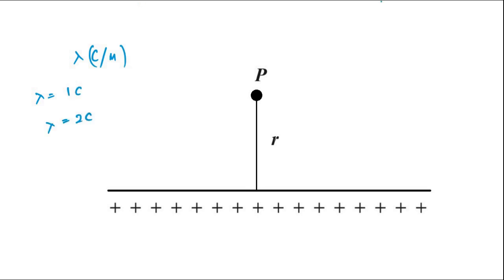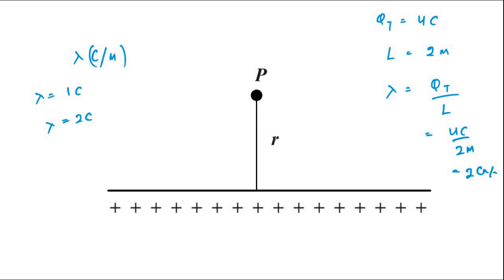Let us say we have a total charge of 4 coulomb distributed uniformly over a wire of length 2 meters. In that case, the linear charge density will be total charge by length, which is 4 coulomb by 2 meter, equal to 2 coulomb per meter. So here this long wire has a linear charge density of lambda coulomb per meter.